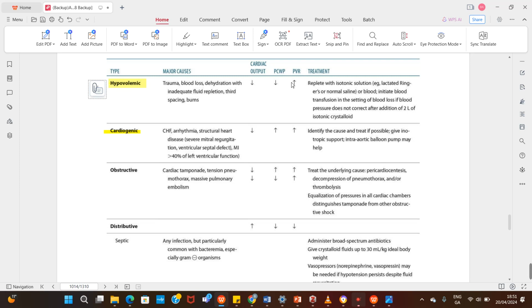Then you inflate at diastole, increasing the diastolic pressure, so that you can have more blood flow to the coronary vessels that supply the heart, so that the heart will be more energized. So that's the mechanism of the intra-aortic balloon pump.